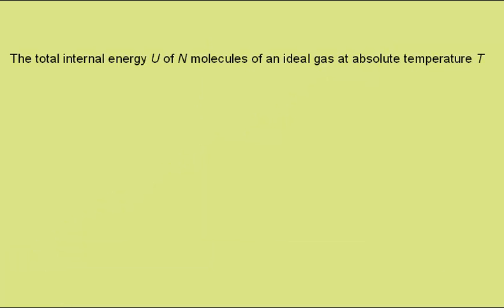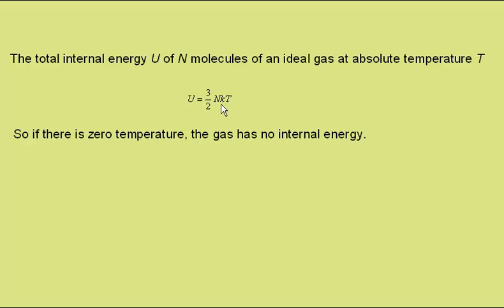We know from the video on the kinetic energy of gas molecules that the total internal energy U of n molecules of an ideal gas at absolute temperature T is given by U = 3/2 nKT, where K is the Boltzmann constant. If there is 0 temperature, the gas has no internal energy.